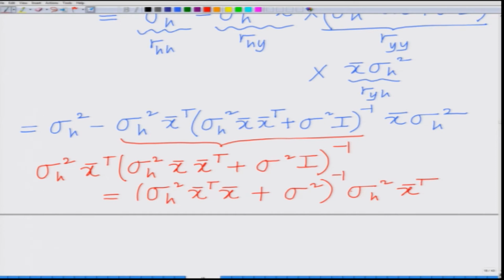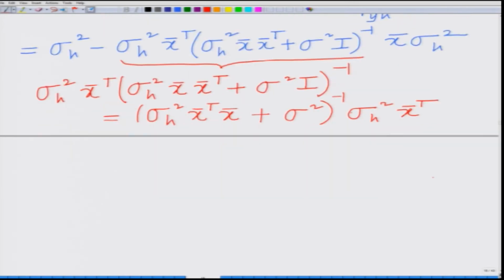Now you can see x bar transpose x bar is a scalar quantity, because x bar transpose is a row vector and x bar is a column vector. So, it is in fact norm x bar square. So, there is sigma h square norm x bar square plus sigma square, which is a scalar quantity, so its inverse will simply be its reciprocal.